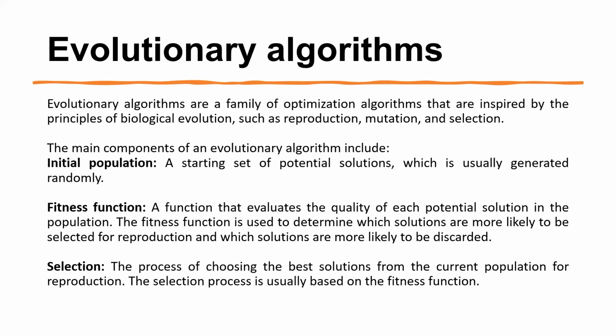Once we have the fitness function calculated, the best fitness values will be selected. That is how we separate the most potential solutions from the weaker solutions. That is where selection comes in.